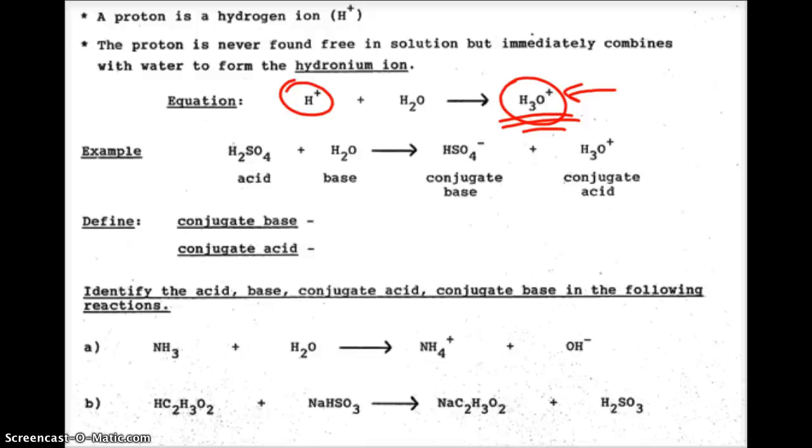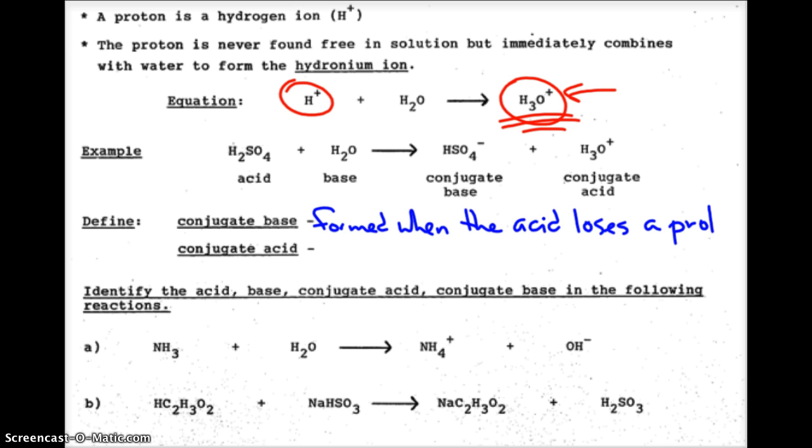A conjugate base is formed when the acid in that equation loses a proton. So when it loses that H+, it becomes what we call a base, and because of that, they're related to each other. That's where the word conjugate comes into play.